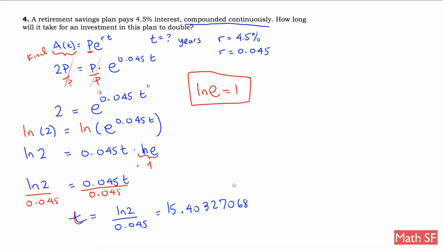So after how many years will it double? It will double after approximately 15.40 years if it's being compounded continuously. This should be your answer.